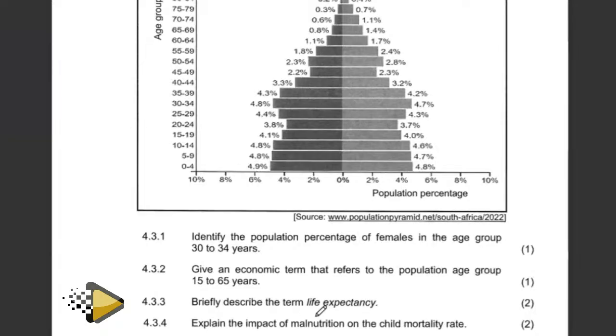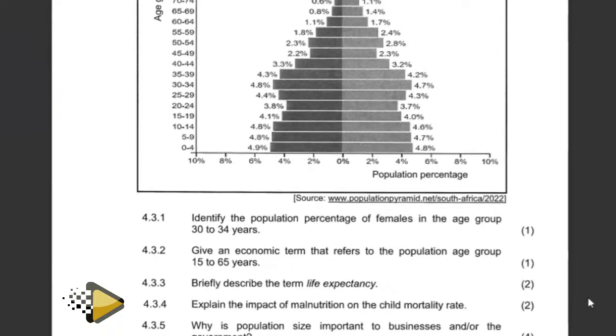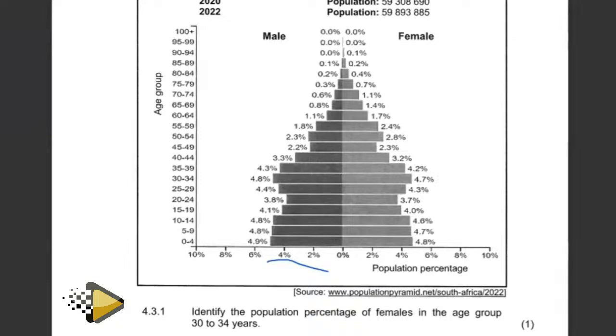So now let's check the age group. Identify the population percentage, meaning we are going to check this side, population percentage of females in the age group 30 to 34.